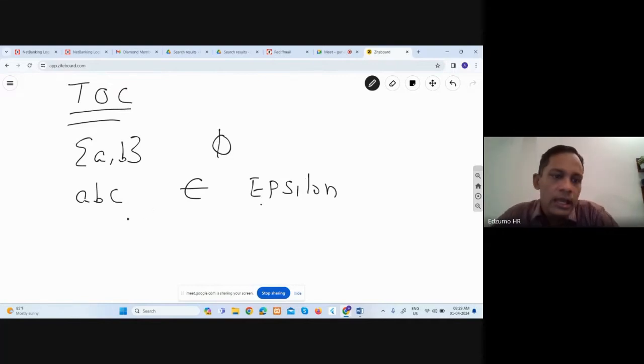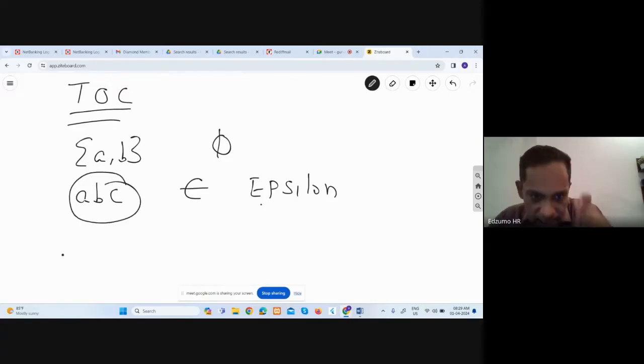This epsilon is a substring of the string ABC. So every string will have epsilon as a substring. So what are the substrings of ABC?